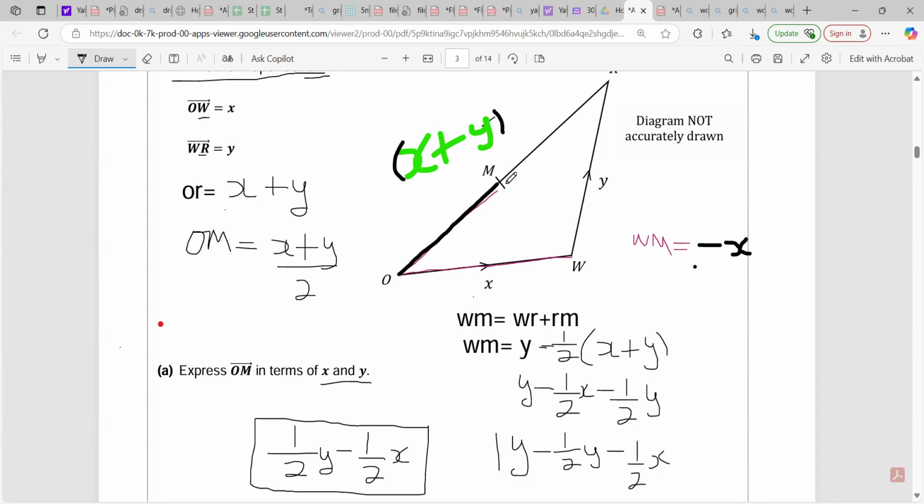So halfway would be half of x plus y. And of course, if we expand the bracket, half times x gives us half x, and then half times y gives us half y.